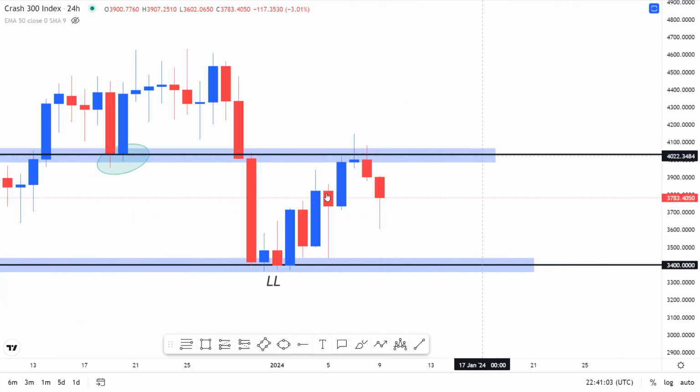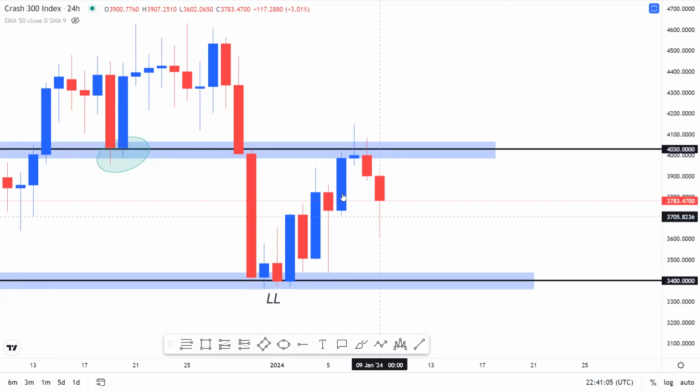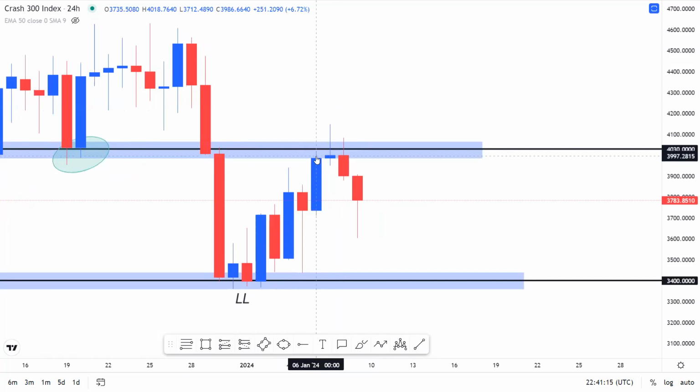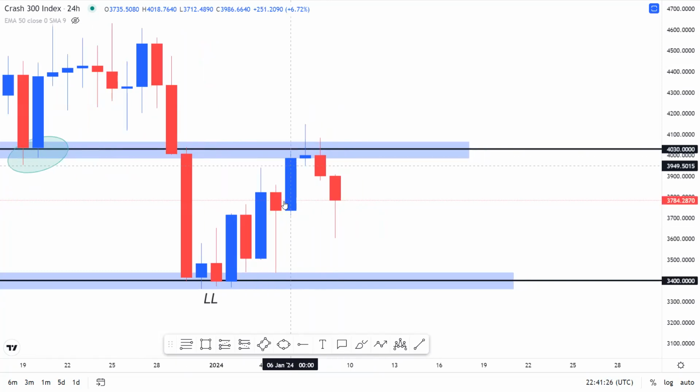So clearly we had seen this daily candlestick very bullish, closed very bullish, with very little or no wick formed. Okay, very little wick formed right at the top, but this shows very bullish momentum during this day, that the buyers were very dominant in the market during this day.